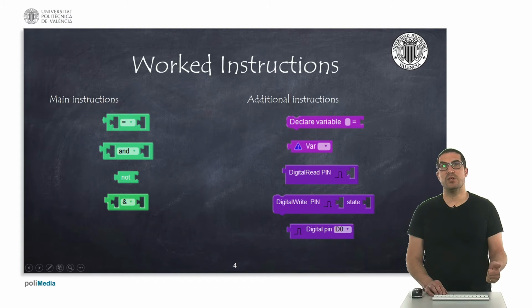We have the negation, and we also have bitwise operations that perform the AND or OR operations but at the bit level, so they require numbers. Additionally, in this presentation we will use variable declaration and some digital read and write instructions.